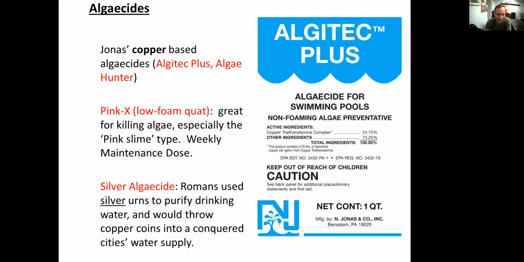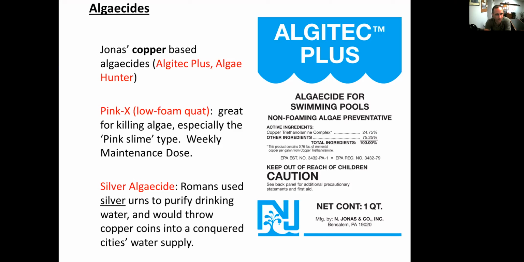But the Pink X is a low foaming one, so you don't have that problem with it, and it still kills algae well. Especially if you have a pink slime type of algae, but that's what it works best on. But it'll work against any kind, especially if you use it as a weekly maintenance dose. It'll help kill anything that the chlorine might be having a hard time with.